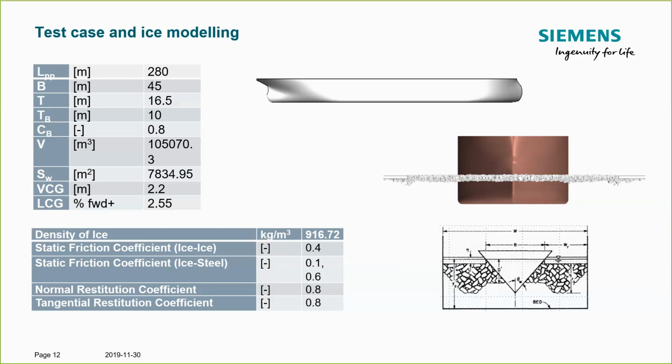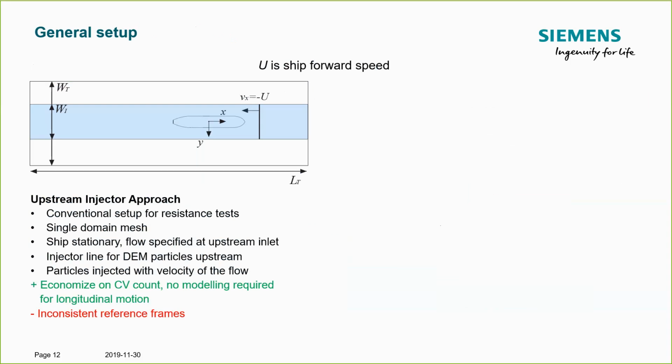So let's dive into our verification study. First we'll be looking at the general simulation problem, because there are a few things that we have to sort out before we can confidently say we know what we're doing. Traditionally, what I call the upstream injector approach is used for such problems. This means that you use the conventional setup for a ship resistance test.